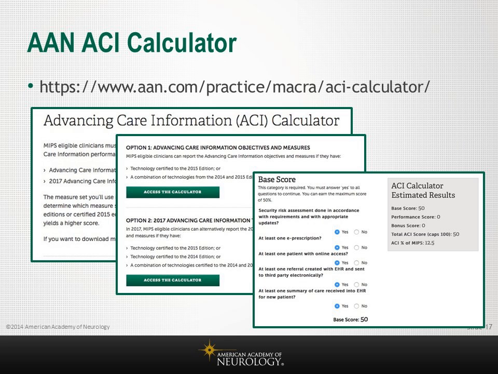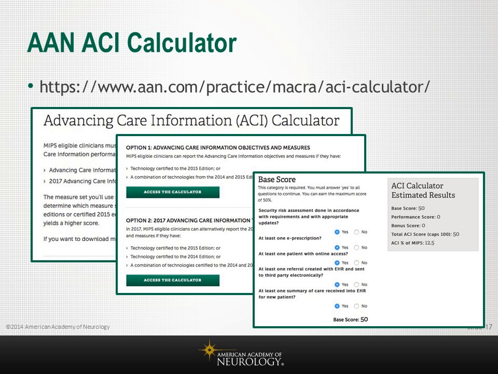This slide shows the American Academy of Neurology ACI Calculator. Let me step back and just say that the ACI calculation is relatively complicated, and I do not expect that every practicing neurologist know all the details of every aspect of how the ACI score is calculated.